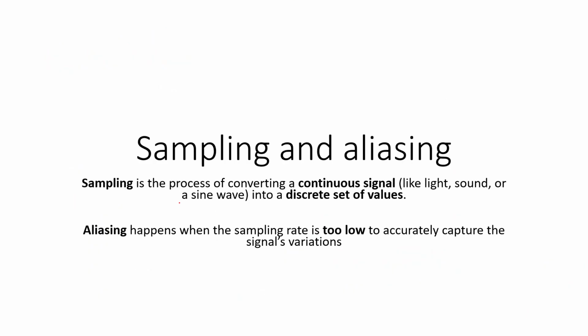So the next topic is sampling and aliasing. Sampling is nothing but the process of converting a continuous signal into a discrete set of values. Imagine a car or a train is moving fast. If we try to capture the image, the continuous moving one is captured as a static one.